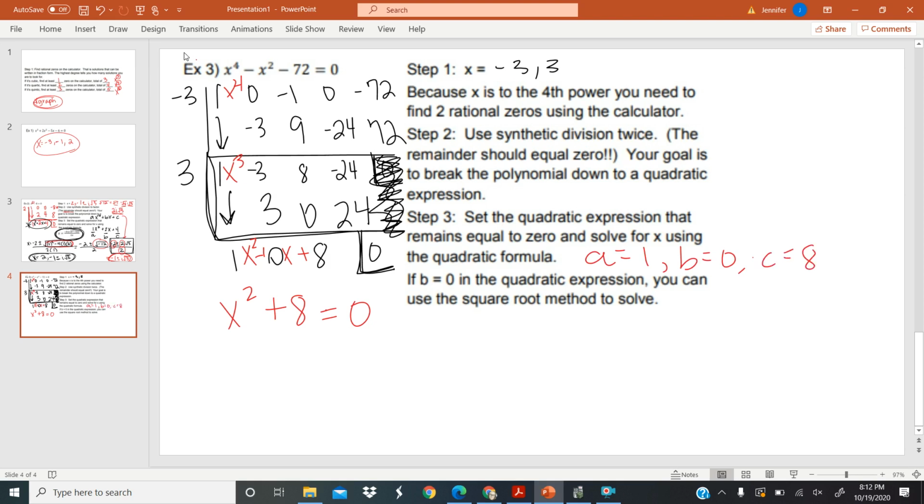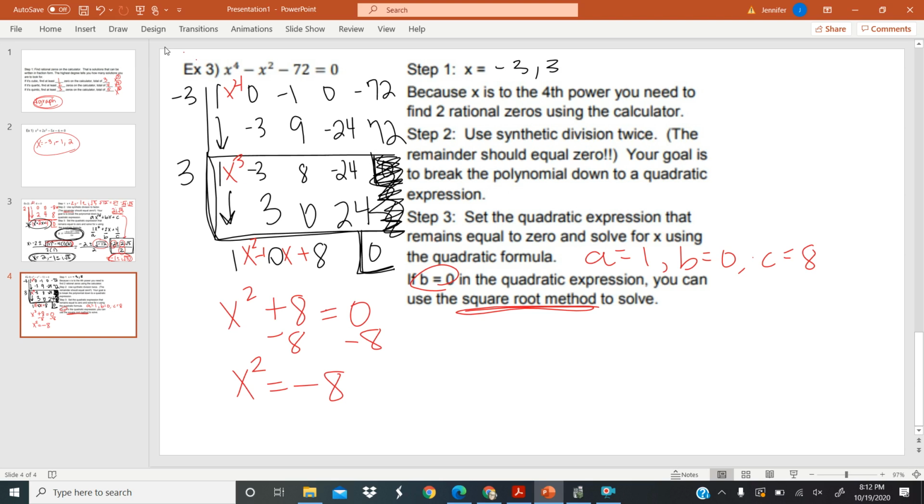But whenever you have one of these where b equals 0, you can also use the square root method, which is what I'm about to show you. If we have x squared plus 8 equals 0, and there's no regular x term, what we can do is subtract the 8 from both sides, and you would have x squared is equal to negative 8.